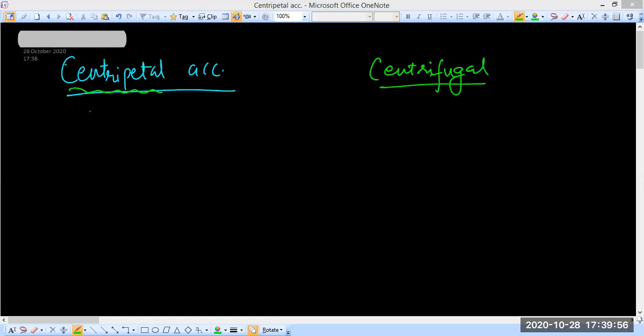So let me just connect all of this with you. You'll be able to relate it very easily. Centripetal means, આ word નો meaning સમજજો. Towards center.